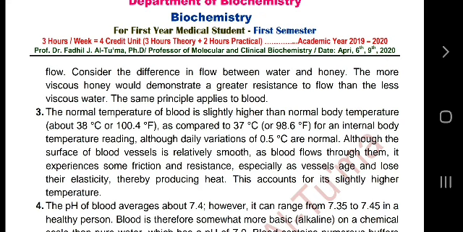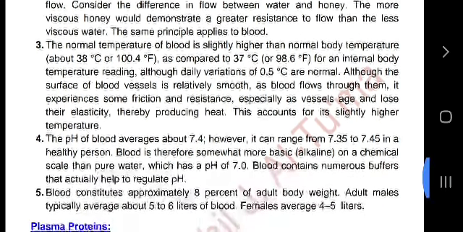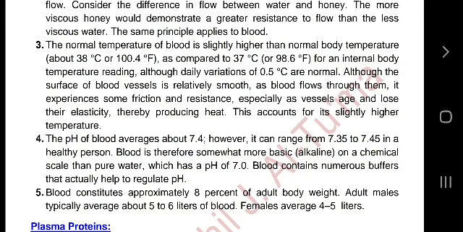The surface of blood vessels is smooth, but as blood flows through them it experiences some friction and resistance, especially as vessels age and lose their elasticity, thereby producing heat. This accounts for its slightly higher temperature than normal body temperature.